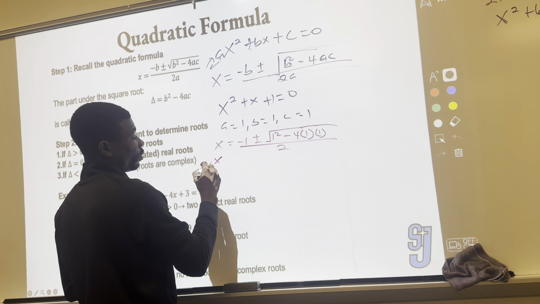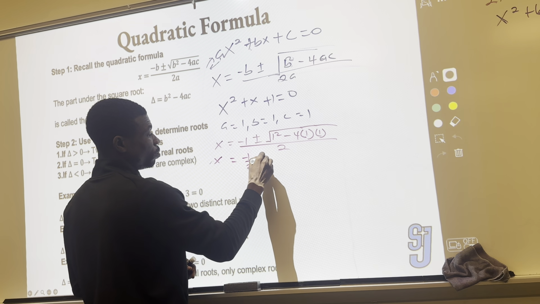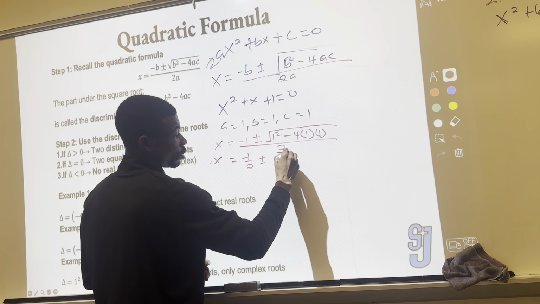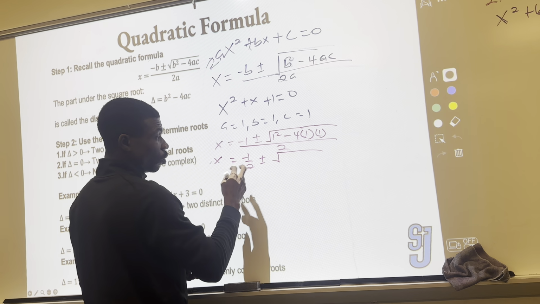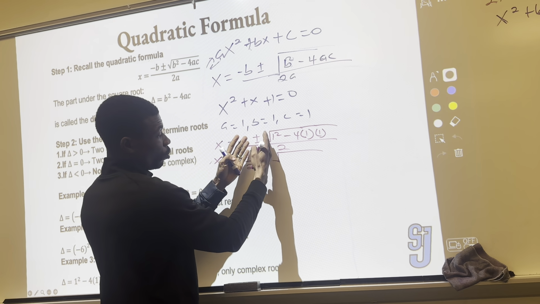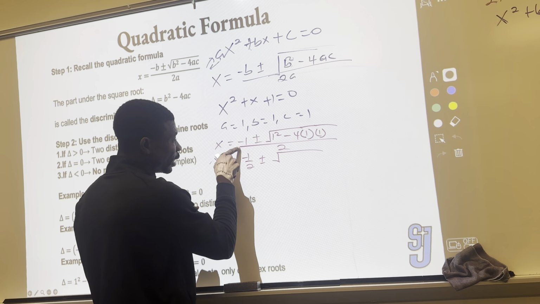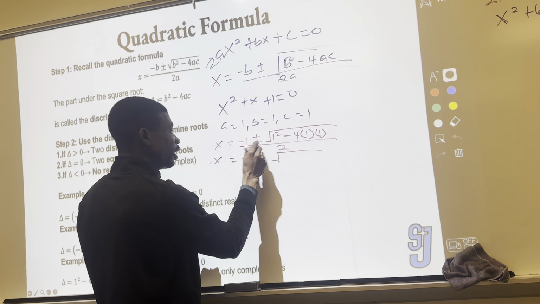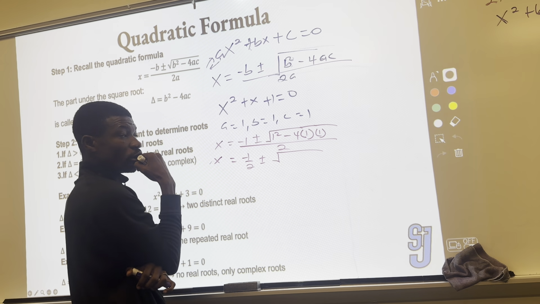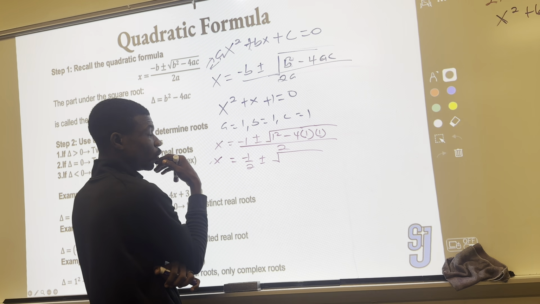So I have x equals -1 over 2 plus or minus square root of, don't forget I said that if you think that splitting it is okay for you, you may decide to split it. But if you are not splitting, then it means that this denominator affects the whole expression on the right side of the equation.